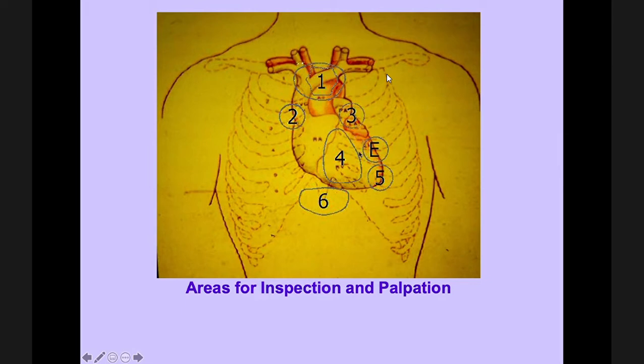And then you have this one, this is the area of your right ventricle, and this is your apex. So you take note of any deviations of your apex. So if the apex beat is deviated, this means that there is probable hypertrophy or enlargement of the left ventricle, because this is your left ventricle.